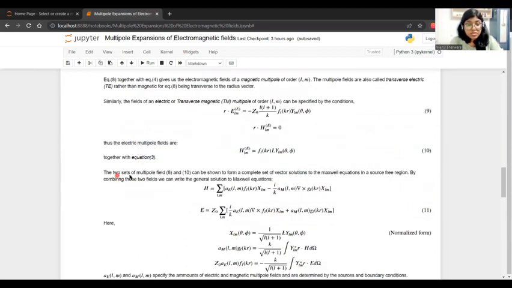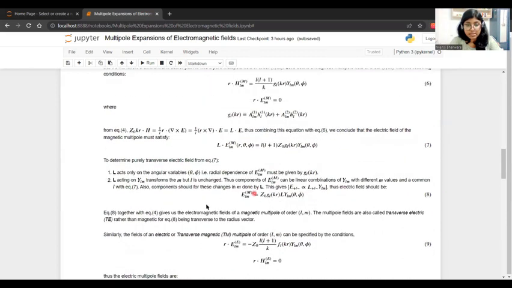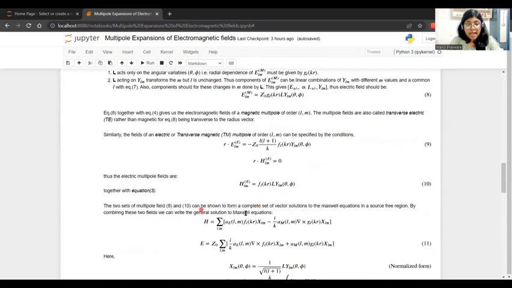These two sets of multipole field equations, that is, this set and this set, can be shown to form a complete set of vector solutions to the Maxwell equations in a source-free region.